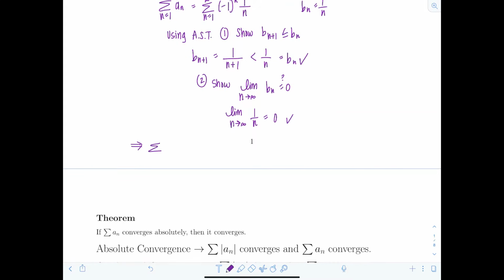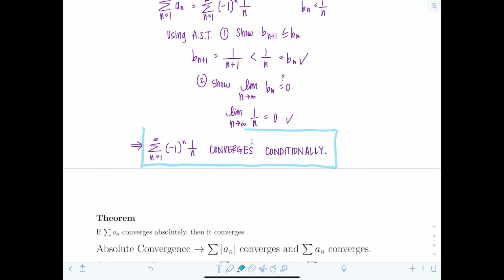Therefore, I can say that my original series, the sum n equals 1 to infinity of negative 1 to the n times 1 over n, converges conditionally. Since it did not converge absolutely, but it did pass when I tested convergence of the original series, then I say it converges conditionally.